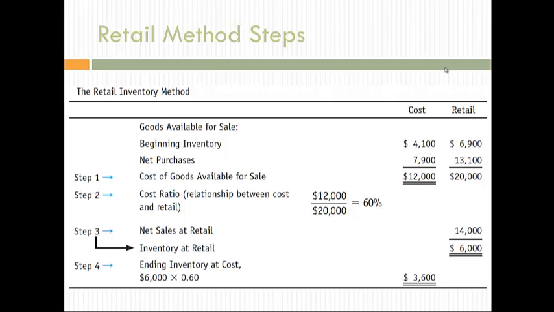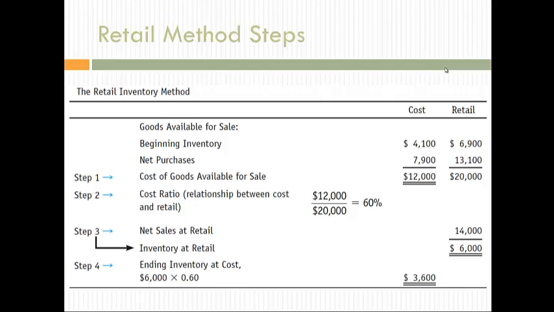Step 2 is to calculate the cost ratio, which is cost of goods available for sale at cost divided by cost of goods available for sale at retail. That means divide 12,000 by 20,000. So we get 60%, or you can write that as 0.6.